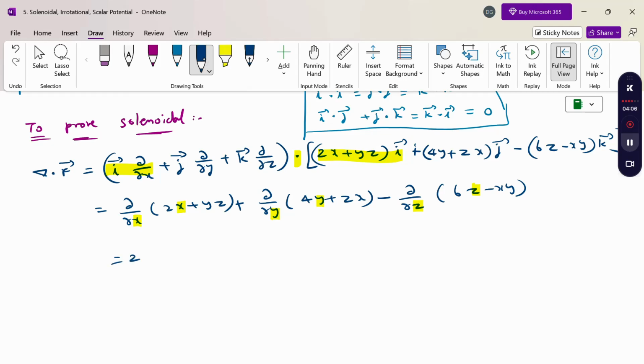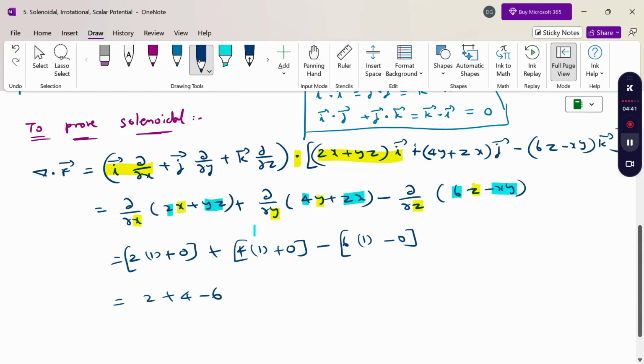When I differentiate 2x, it is 2, and yz is constant. Likewise, 4y differentiates to 4, zx is constant, and in the last term 6z differentiates to 6, xy is constant. Therefore 2 plus 4 minus 6 is 0. Divergence del dot f vector is 0. Therefore f vector is solenoidal.